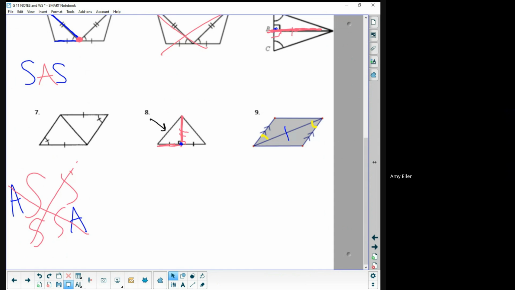I only have that one side. That means parallel, doesn't mean congruent. I have this side and I have this angle. Is 1S and 1A enough? No, so you're going to write, even though they may be congruent, not enough information for congruent, because that alone is not enough.